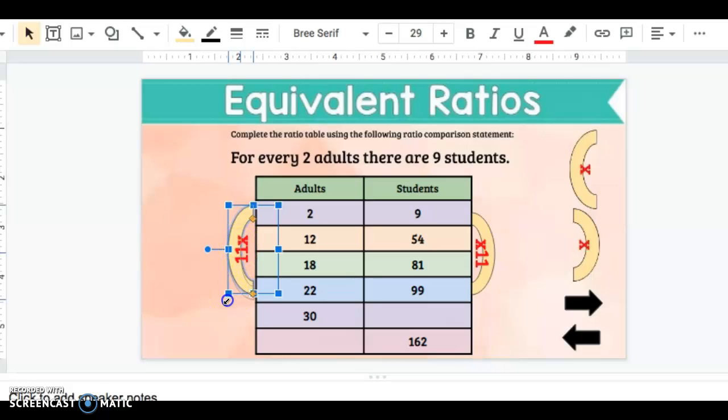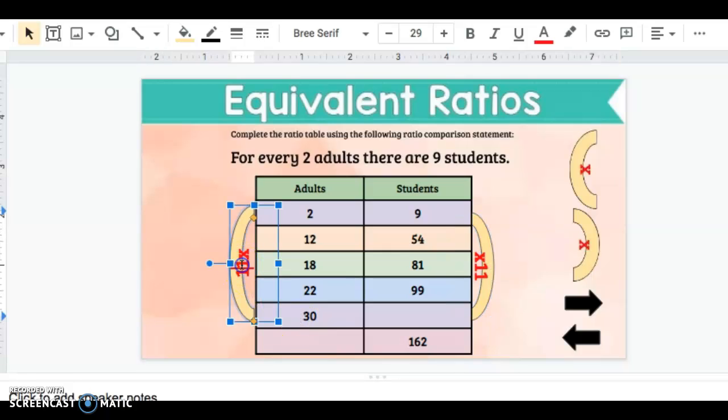Bring your noodle down. Now we got to figure 2 times what gives me 30. And I had already said that previously when I had made a mistake.